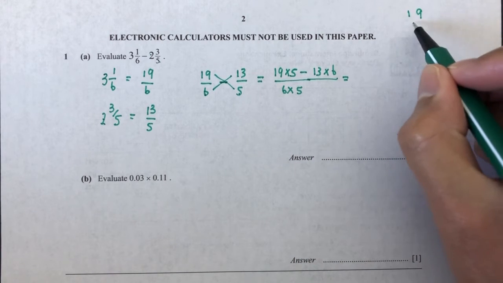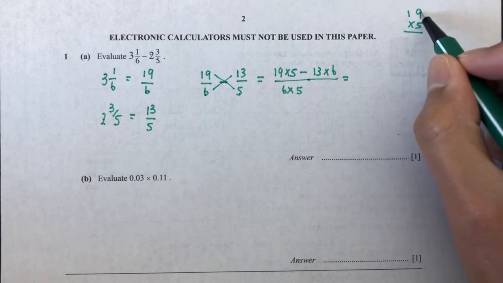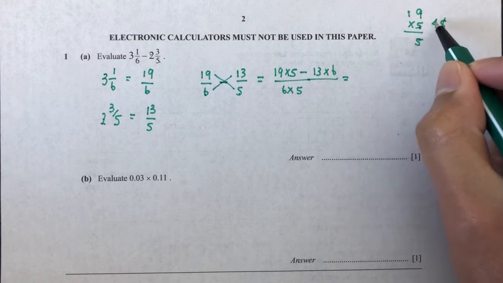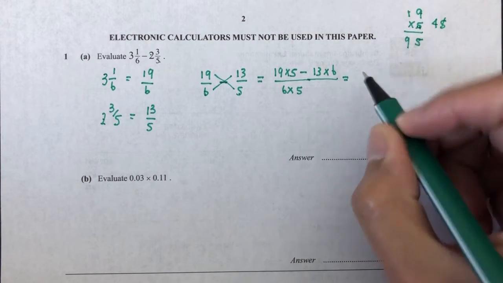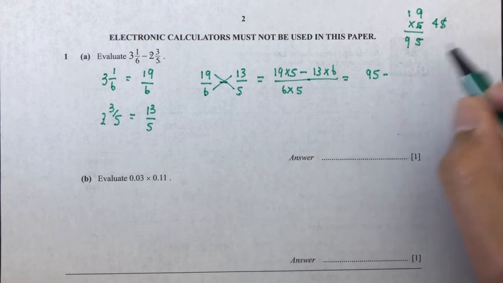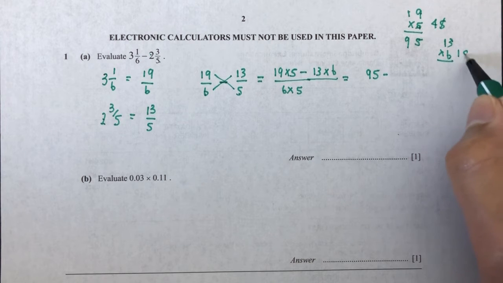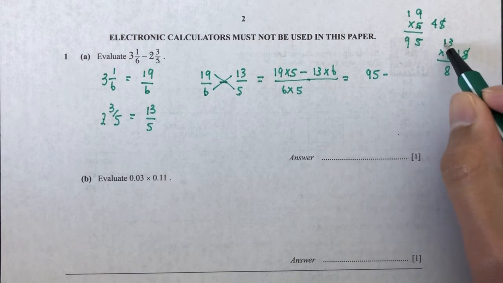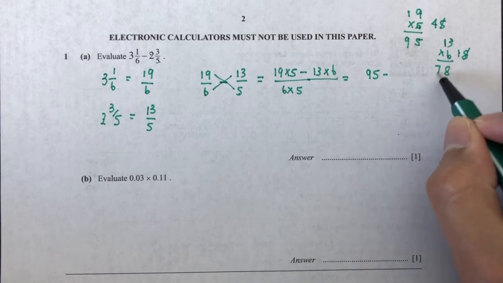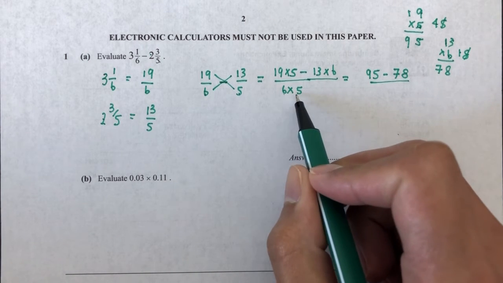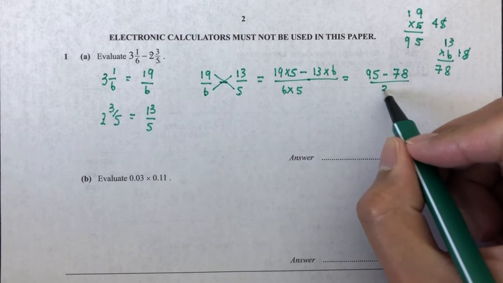So what is 19 times 5? 9 times 5 is 45, and 1 times 5 is 5, plus 4 is 95. So 95 minus, what is 13 times 6? 3 times 6 is 18, 1 times 6 is 6, plus 1 is 78. So 78 over 6 times 5 is 30.